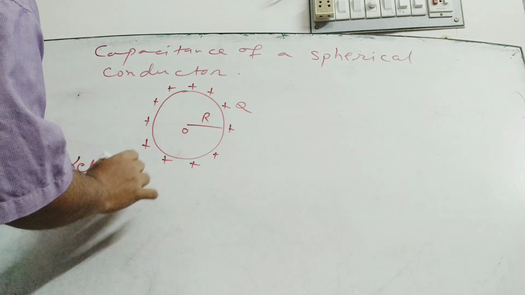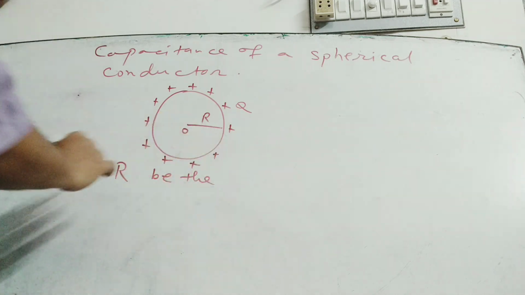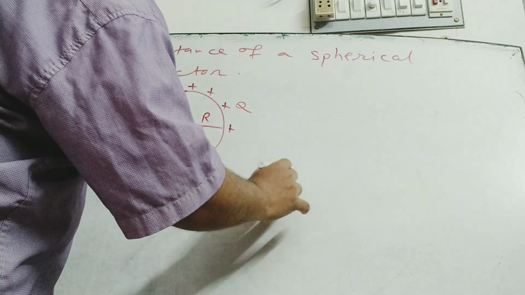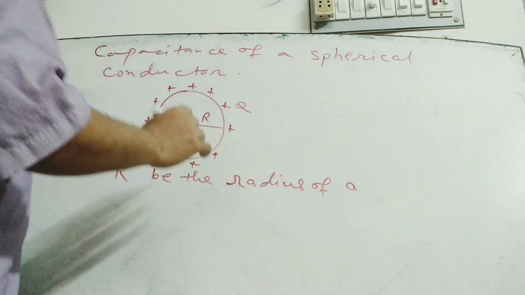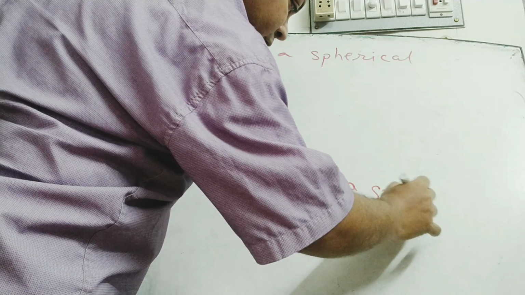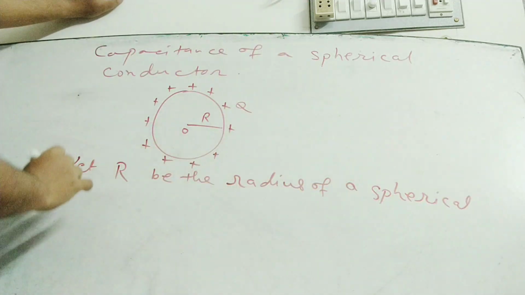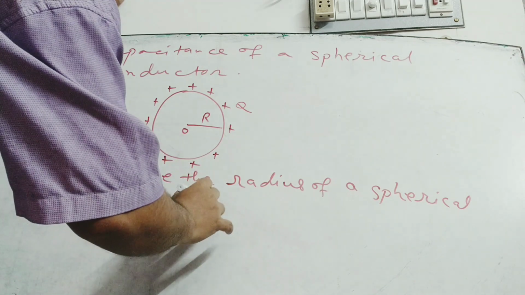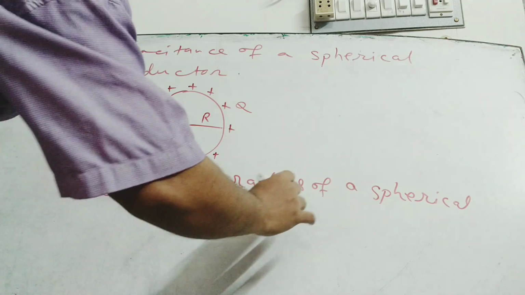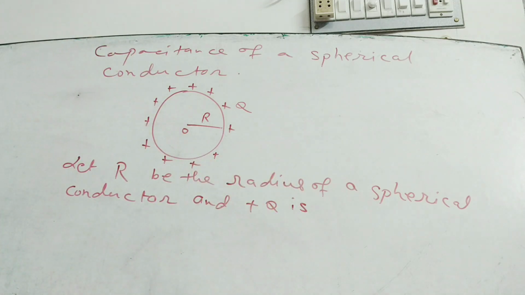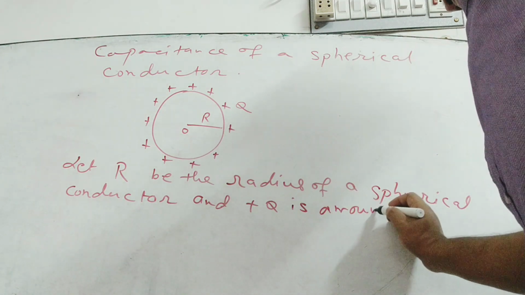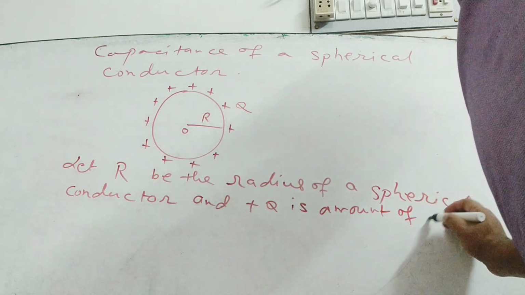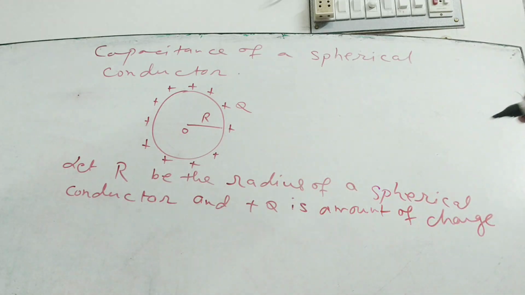Let capital R be the radius of a spherical conductor and plus Q is the amount of charge on the sphere.